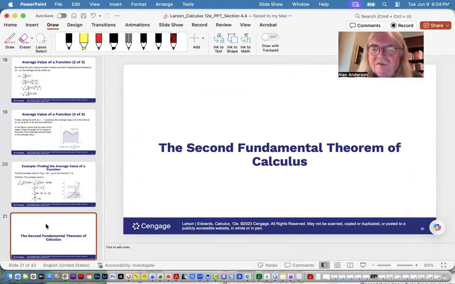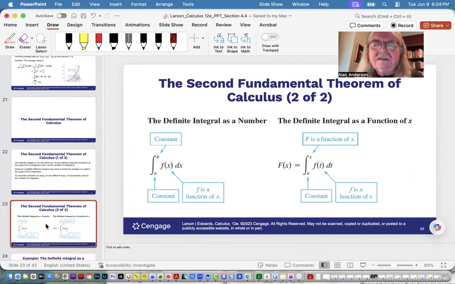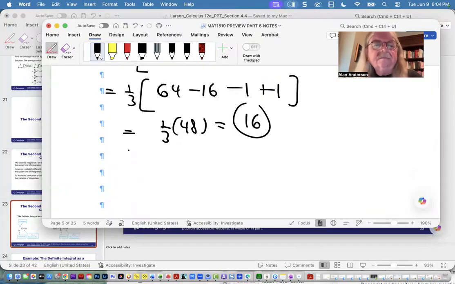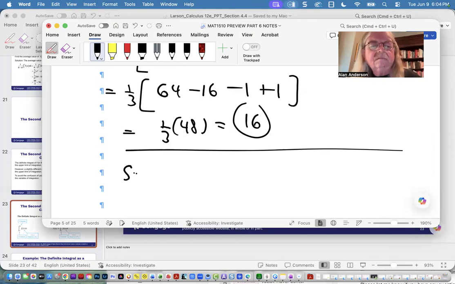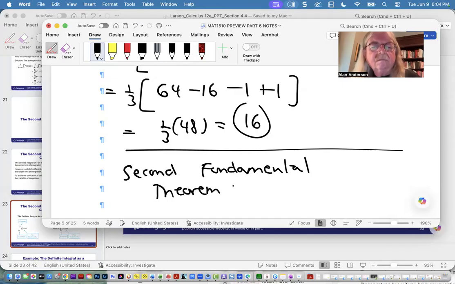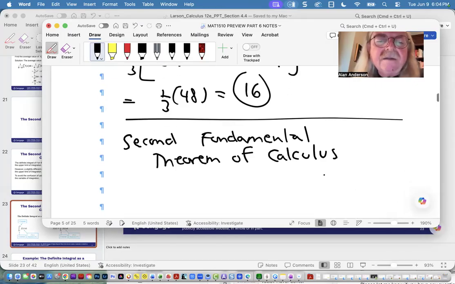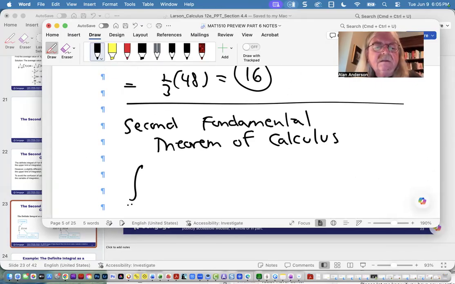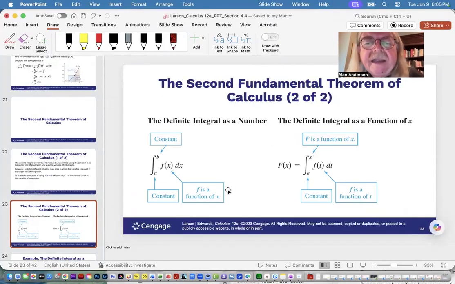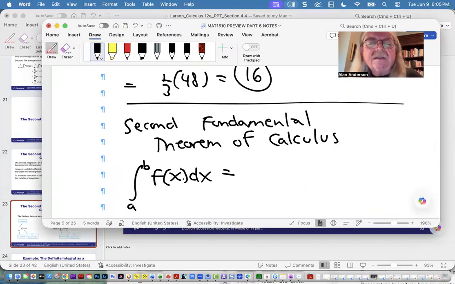Now, the second fundamental theorem of calculus, we don't see it quite as often, but what they're telling us is that the definite integral can be, oh, sorry, it doesn't equal.